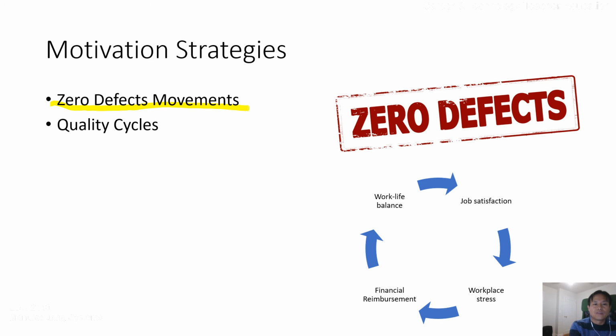The zero defect movement. That is designed to motivate workers to minimize defects in the plant. So that is called the zero defect movement. This strategy includes encouraging people to double check their work, or to focus more on their task.